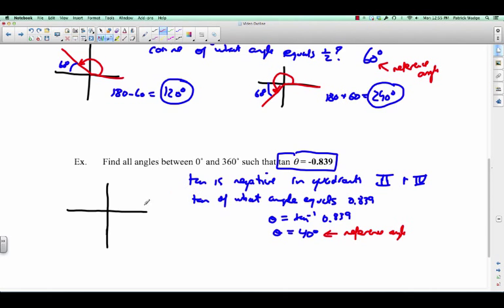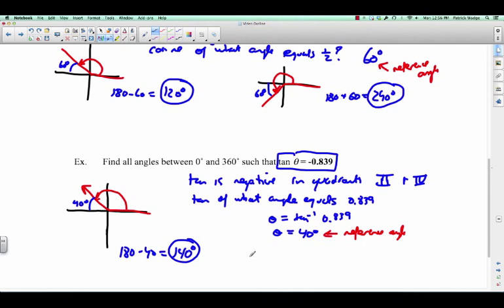Okay, we've got two cases. One is in quadrant 2, so standard position angle in quadrant 2 with a reference angle of 40 degrees. And the question is, how much is the standard position angle? Well, that's going to be 180, take away the 40, and you get 140 degrees. So that's one solution.